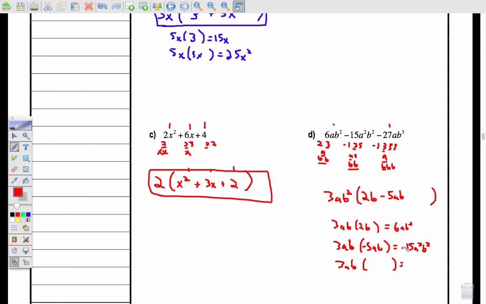Last term, we got 3AB times something gives me the last term, which is negative 27AB cubed. 3 times a negative 9. A's are good. B, we need B squared, because B squared times B would give me B cubed. So this is going to be minus 9B squared.